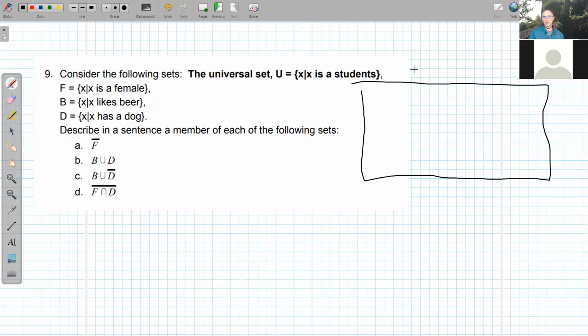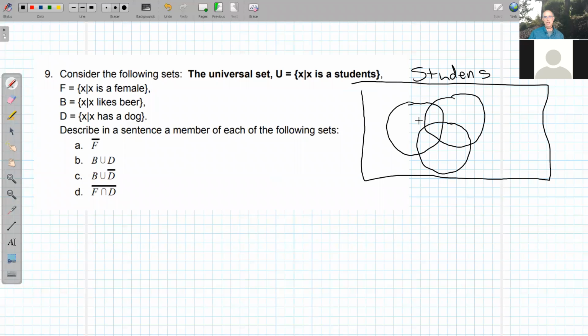All right, so the universe here is students. So that's my set U, and then inside my universe, I have 3 other sets that may interact in some way. So this one right here can be F, my females.